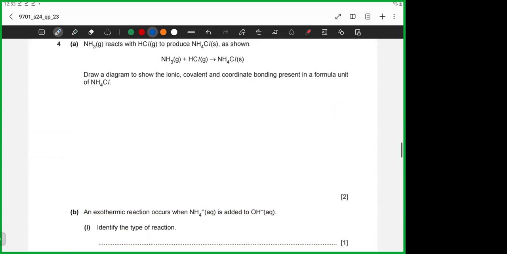Describe, you basically have to draw NH4+ and show all the ionic, covalent, and coordinate bonding, right? So normally it starts off with NH3, right?